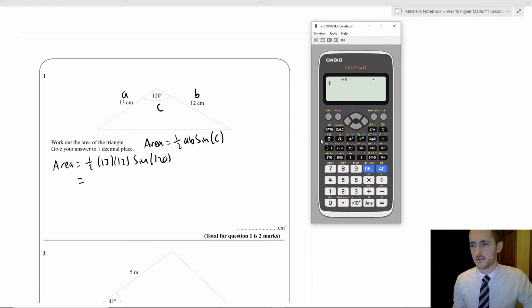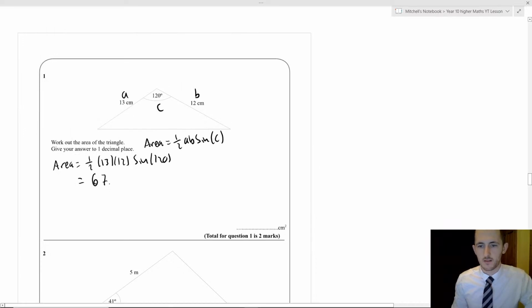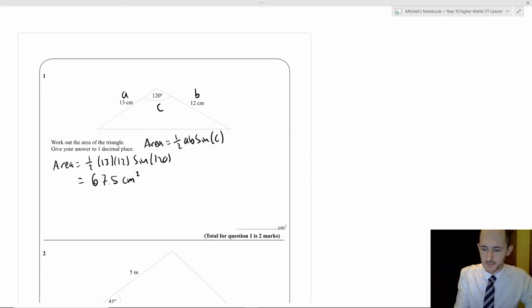If you want, you can write 0.5. Kind of up to you. Half 13, 12 sine of 120 degrees. 39 root 3, but it says to 1 decimal place, not as a surd. So 67.5 centimeters squared. 2 marks. Because it's easy peasy lemon squeezy.